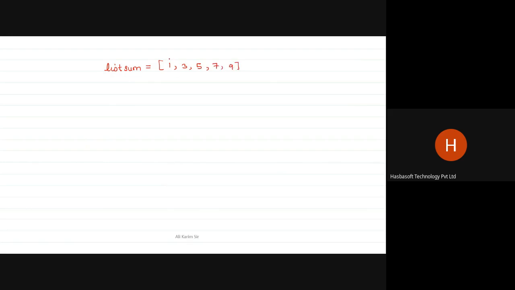You have to add each of these to each other. Adding 1 and 3 will yield 4, then 4 plus 5, and whatever answer comes. So we will keep on adding each value. How would you write the normal function for this? Any idea?